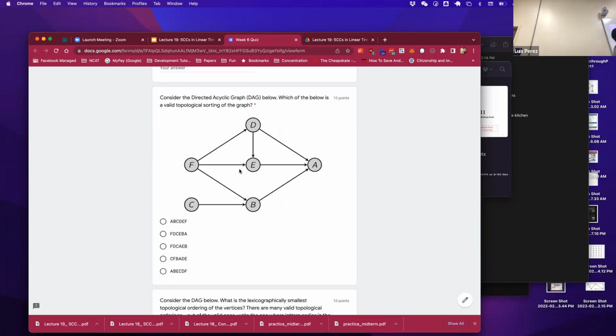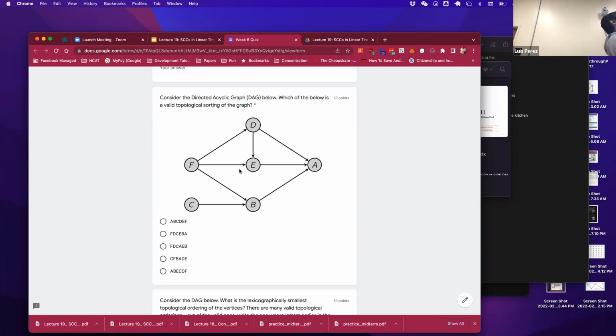So in general, topological sorting only means that by the time you come in the ordering, everything you depend on should have come before you. Okay, yeah, that is a great question.